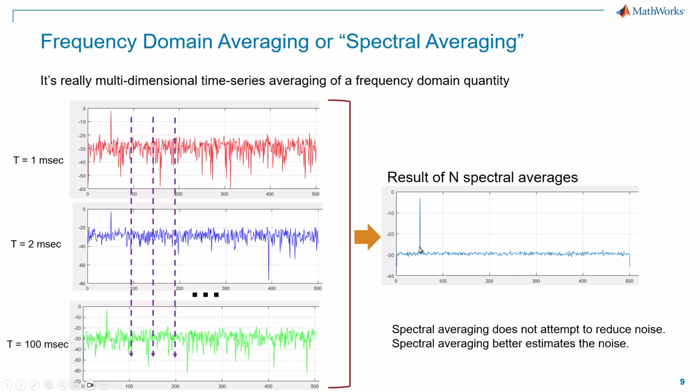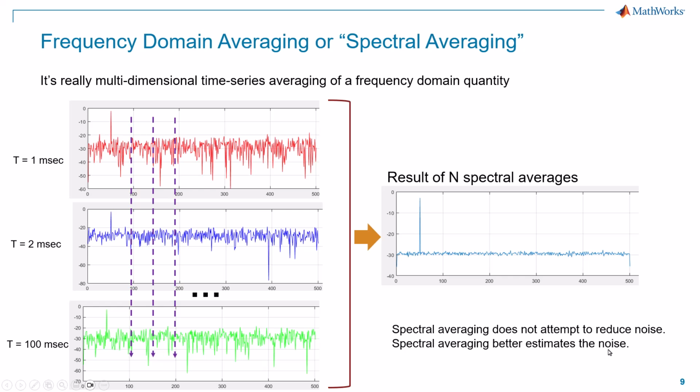That will be a smoother, improved estimate of the power spectrum. The key thing to keep in mind is that spectral averaging does not reduce the noise in the original time domain signal. What it's really doing is better estimating the noise in the signal.